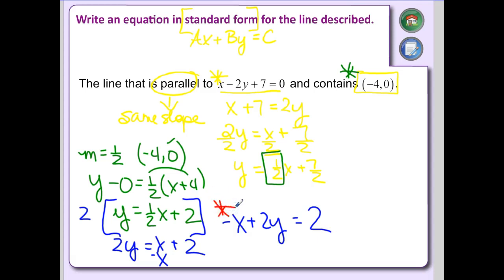So in order to get rid of this negative x, we can multiply everything by -1, and our final answer would be x minus 2y equals, Mrs. Burton didn't multiply that by 2, equals 2, okay? I forgot to multiply that by 2. So this is my final answer in standard form.